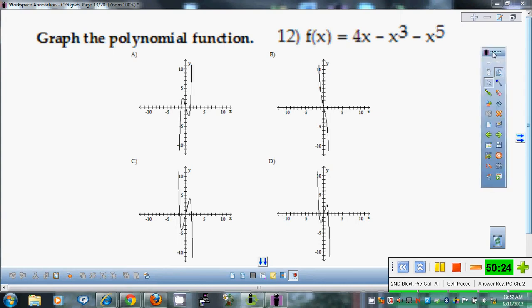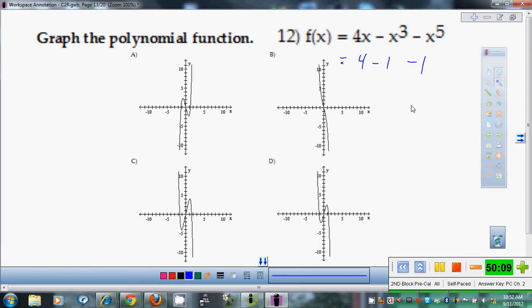Find a point that's different on all of them, plug it in, and that should be able to tell you. So if I plug 1 into this function, I get 4 minus 1 minus 1. Which of these functions remaining, other than A, has the point approximately 1, 2? Which one?